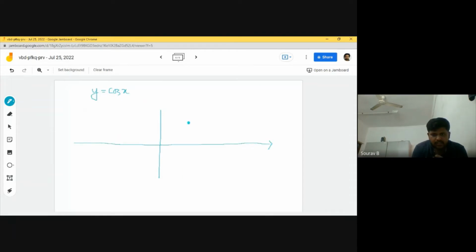Unlike sin x, for cos x at x equal to 0, it gets a maximum. So at x equal to 0, the value of the function is 1. Then at pi by 2, it gets the value 0. Then again at 2 pi it becomes 1. Then again it will repeat after 2 pi.